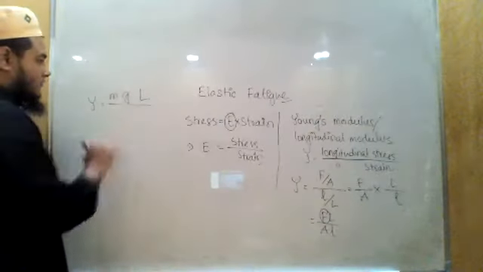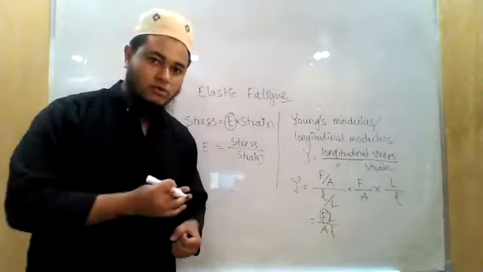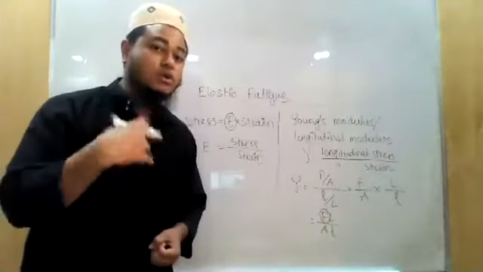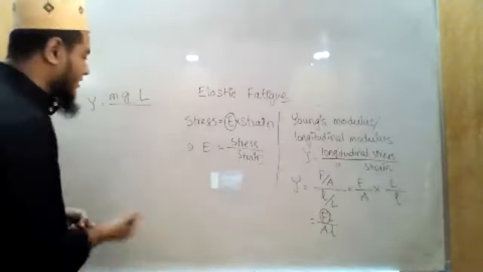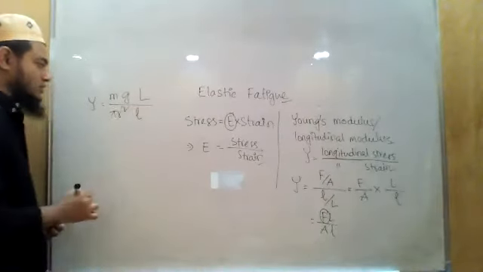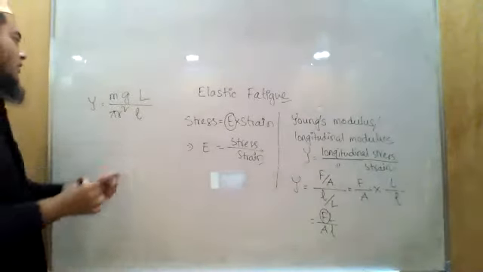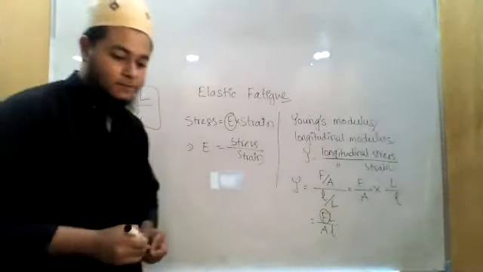And we have the initial length with it and the area. Whenever we are talking about the area of the wire, it is the cross-sectional area. The wires are circular, right? So pi r square into the length change. So for a wire, we can directly use this equation while solving the numerical problems.